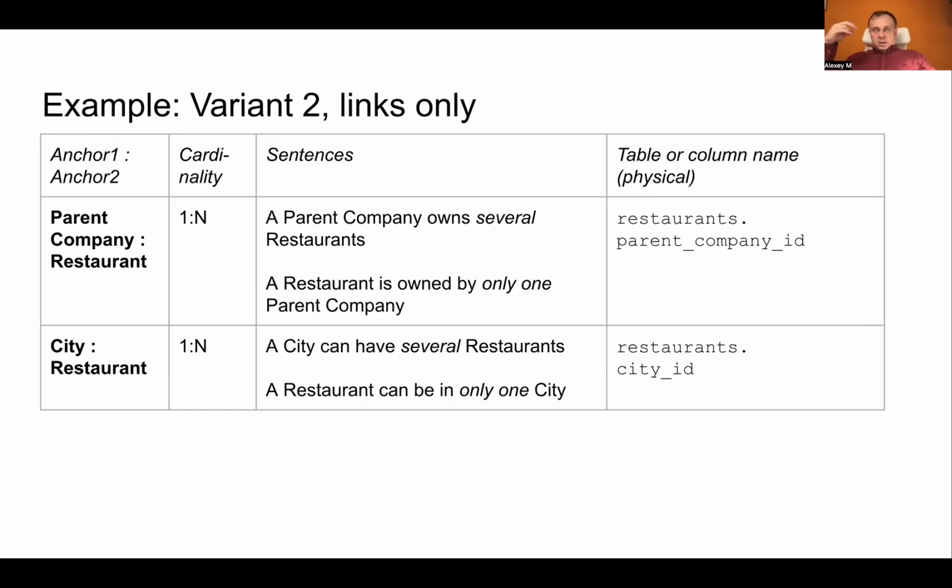Both sentences make sense. You know that they are true, because that's how reality works, or that's how your business works. And the last column is where this link information is basically stored. Here we just provided the name of the column where this ID is stored.